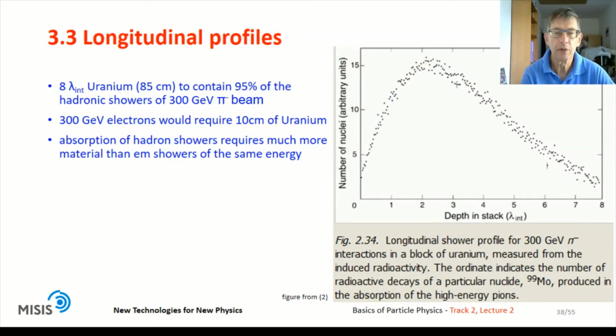It looks very similar to electromagnetic profiles. You need about 8 interaction lengths of uranium to contain 95% of the hadronic showers of the 300 GeV pion beam. However, 300 GeV electrons would only require 10 centimeters of uranium.